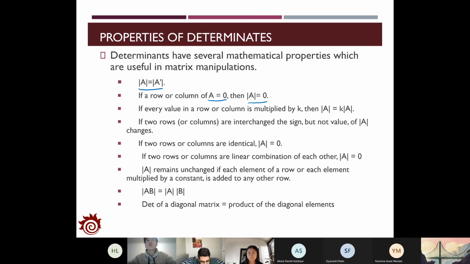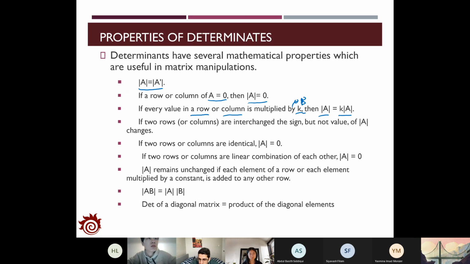Another thing is about the multiplication feature. If every value in one row or one column is multiplied by k, then the determinant would be k times the determinant of A. That gives a new matrix, and that's the multiplication feature.